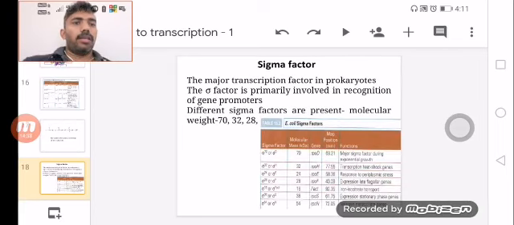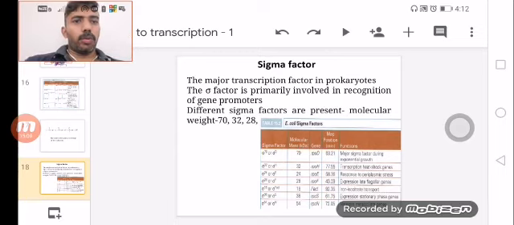When you look in detail at the sigma factor, sigma is the major transcription factor in the prokaryotic system, and it is primarily involved in recognizing the promoter sites of a gene. We'll come to the discussion of the promoter later. For every gene we have a promoter region.